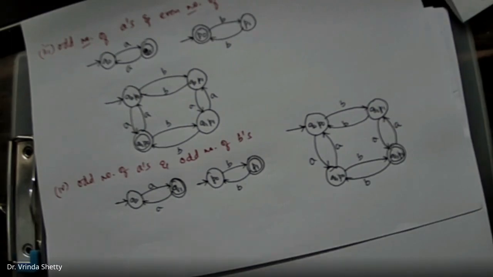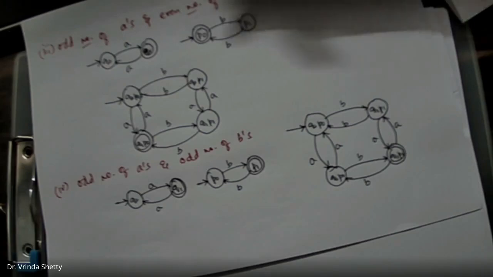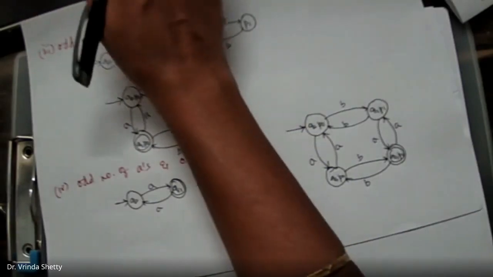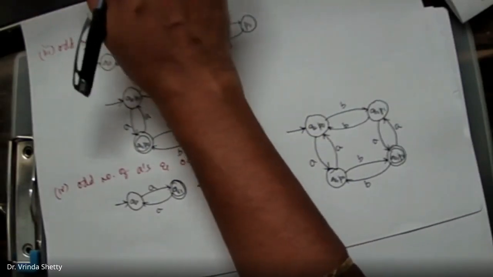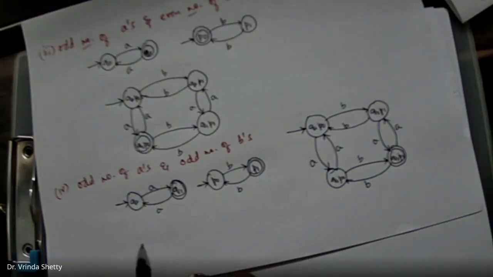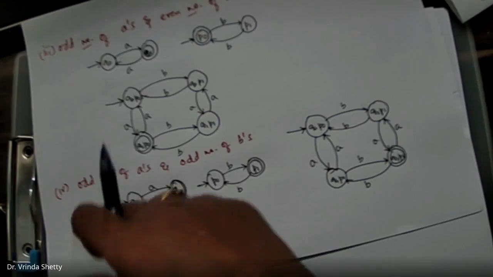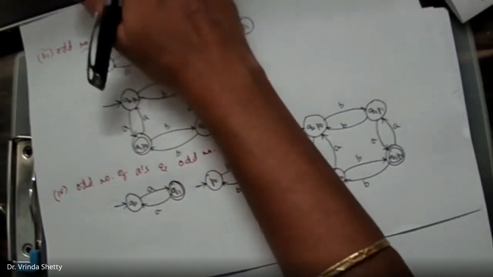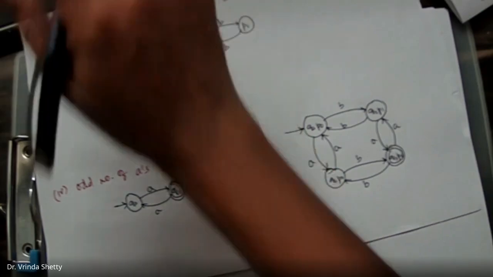Take the cross product of those states. For all those states, on input A and B, we need to check where it is going. Based on that, we have constructed four different machines which accept even number of A's and even number of B's, even number of A's and odd number of B's, odd number of A's and even number of B's, odd number of A's and odd number of B's. Okay, students, I hope it is clear. Thank you.